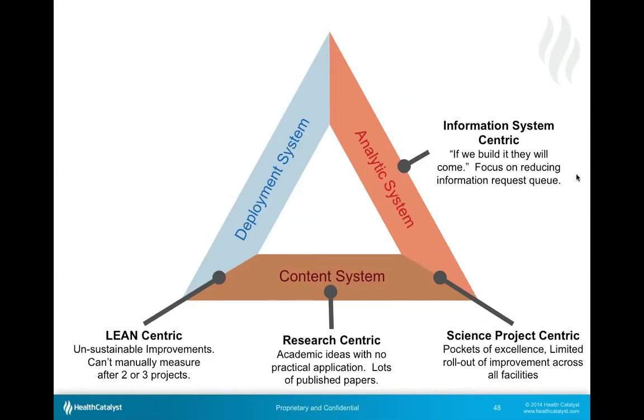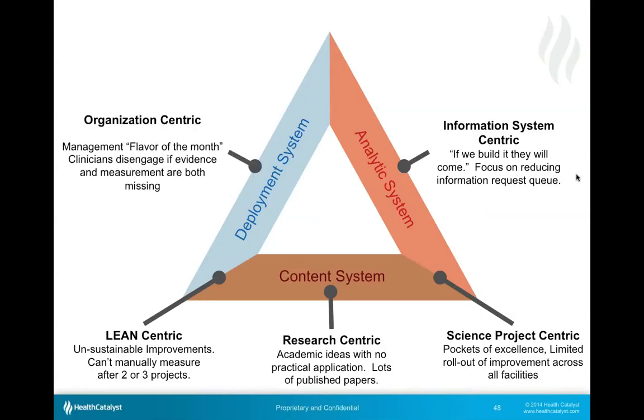If you have the deployment system and the content system, but you're missing the analytics system, after the first few improvements, because you're having to manually measure, it becomes very hard to sustain the gains. Sometimes lean can fall into this category because you're manually measuring without a platform for analytics. Oftentimes lean initiatives fall into this category.